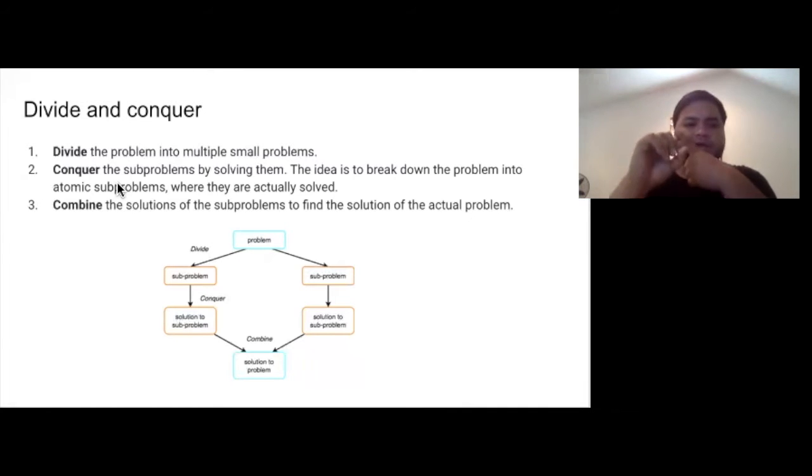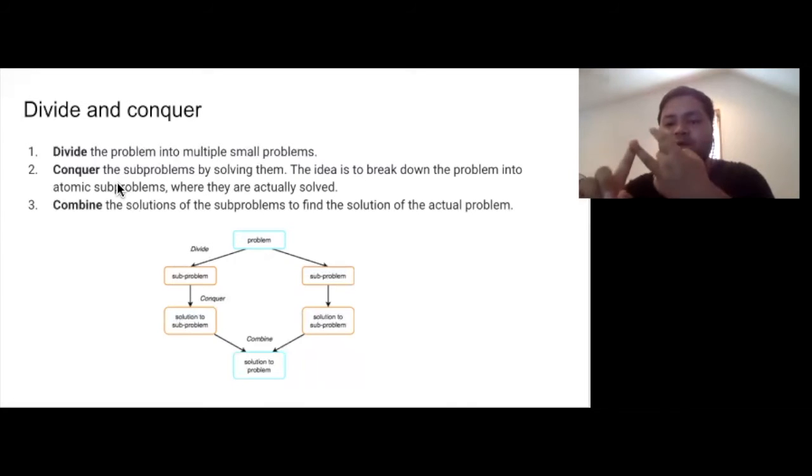First of all, divide the problem into multiple small problems. Second, conquer the subproblems by solving them. The idea is to break down the problem into atomic subproblems where they are actually solved, and then combine the solutions of the subproblems to find the solution of the actual problem.